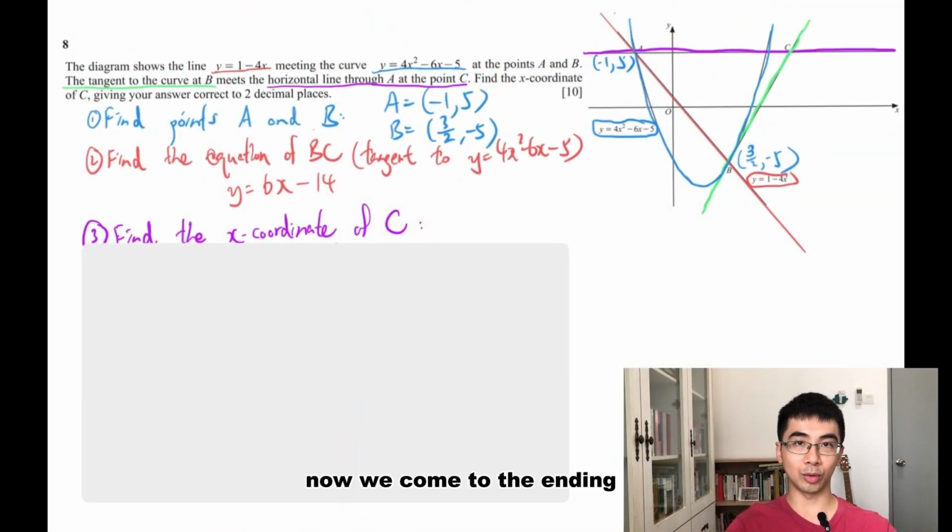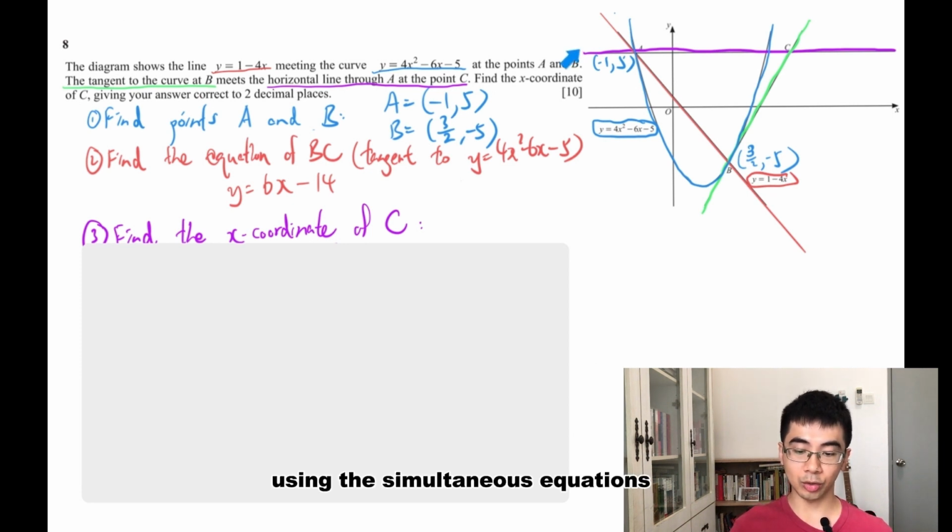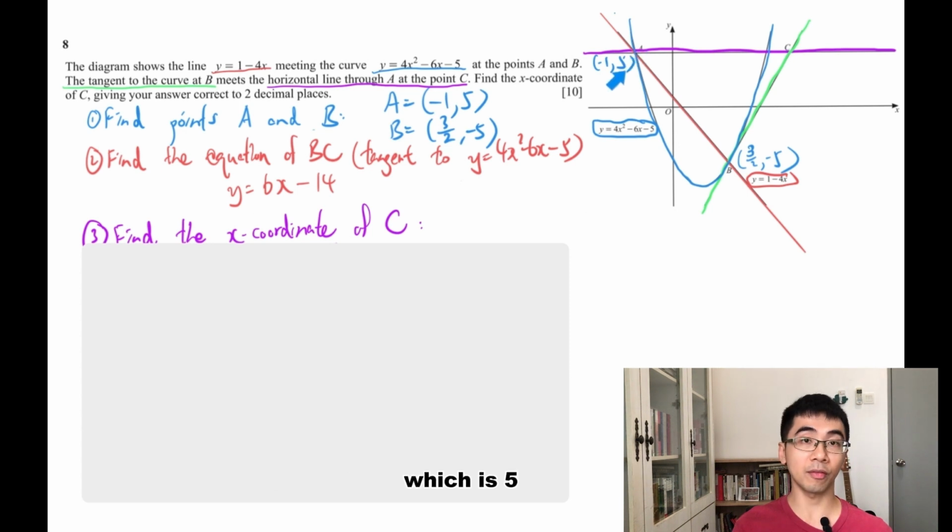So now we come to the ending. We need to find the x-coordinate of C by using the simultaneous equation of this purple line and the green line. For the green line, we have already got it, but how about the purple one? This one should be y is equal to the y-coordinate of A, which is 5.